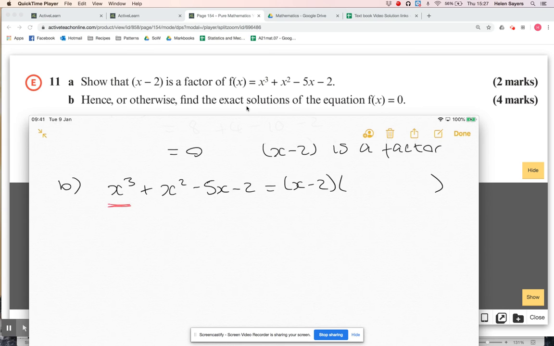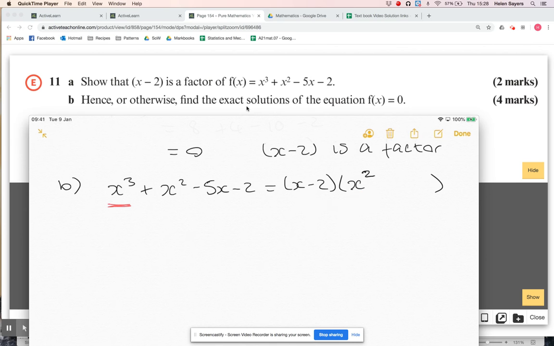So first thing I'm going to think about is the x cubed term. And if I was expanding out these brackets on the right-hand side, I need x times that first term to equal x cubed. So that first term must be x squared. Okay, because that's going to give me my only x cubed term when I multiply those brackets out.